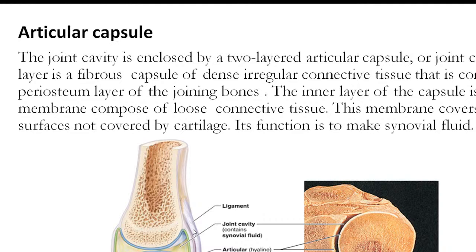The outer layer is the fibrous capsule of dense irregular connective tissue that is continuous with the periosteum of the joint bones. The inner layer of the capsule is the synovial membrane, composed of loose connective tissue.